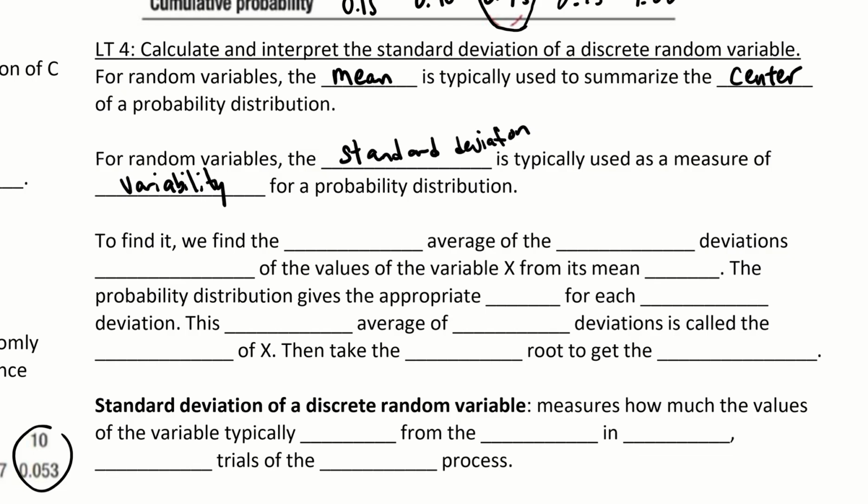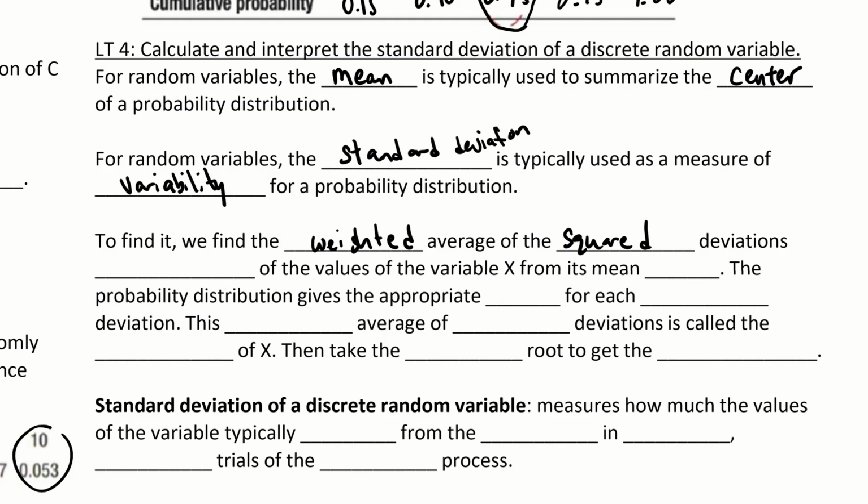All right, so to calculate the standard deviation, we want to calculate a weighted average of the squared deviations. Remember, the deviations are how far each value is from the mean.